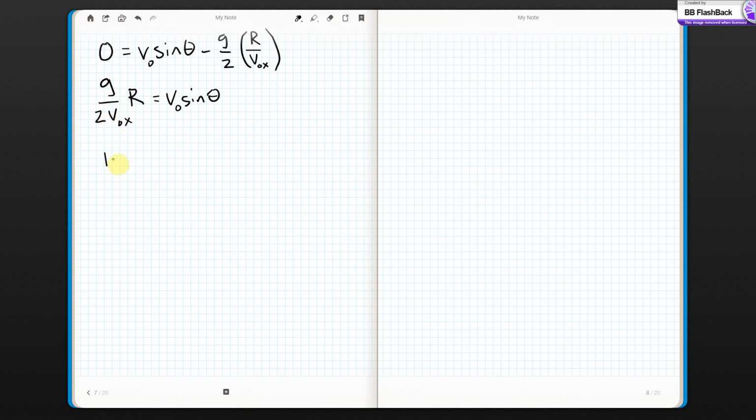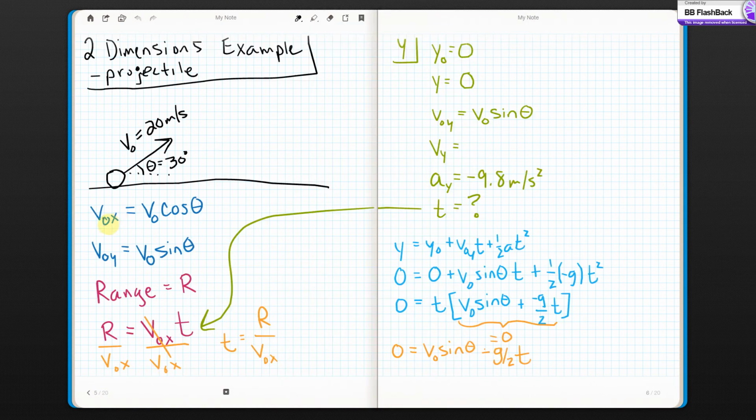So r equals the stuff that was over there times this reciprocal, 2 v naught x over g. And I'm going to replace this v naught x with v naught cosine theta.